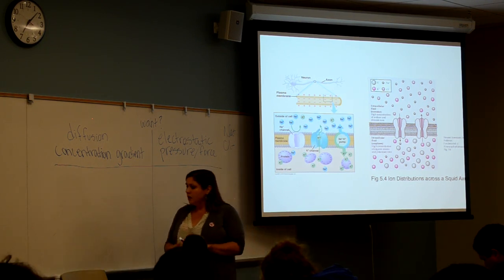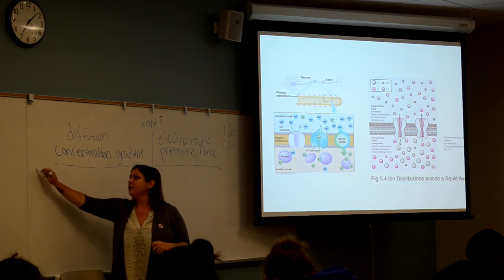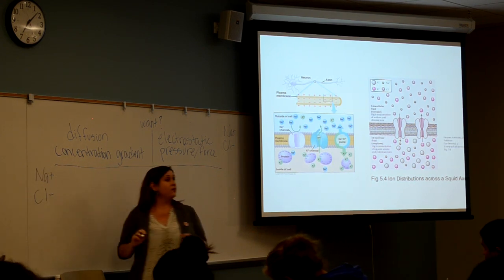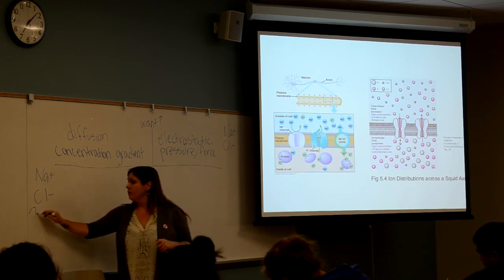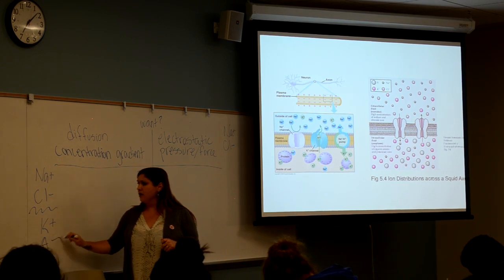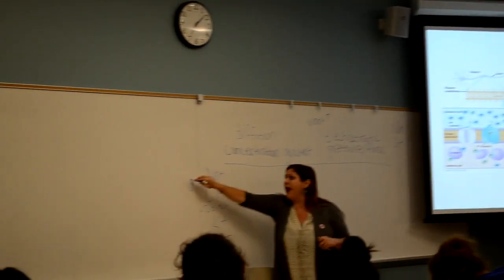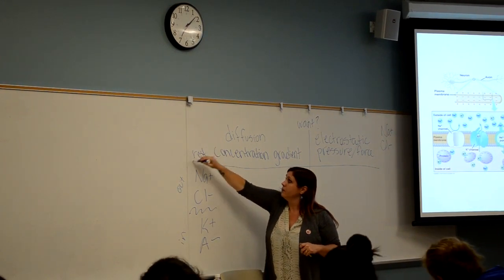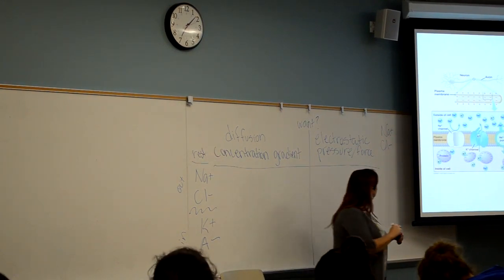Okay? When the cell is at rest, sodium and chloride are on the outside, and potassium and anion A are on the inside. Okay? At rest. That's where they are.